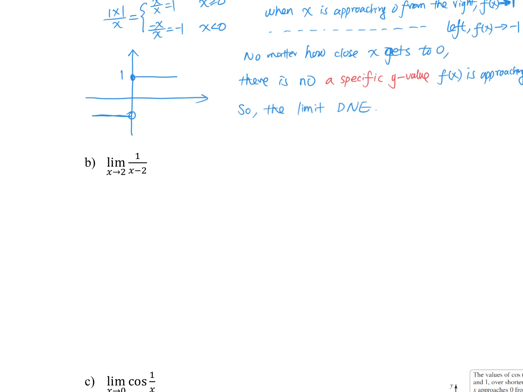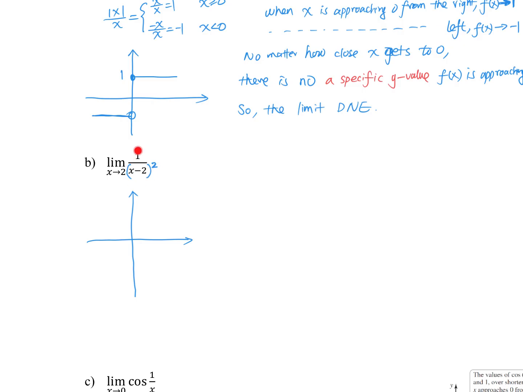Actually, I'm going to change this to 1 over x minus 2 squared at the moment. So instead of 1 over x minus 2, we'll consider 1 over x minus 2 squared when x is approaching 2. This graph is not too difficult to graph.